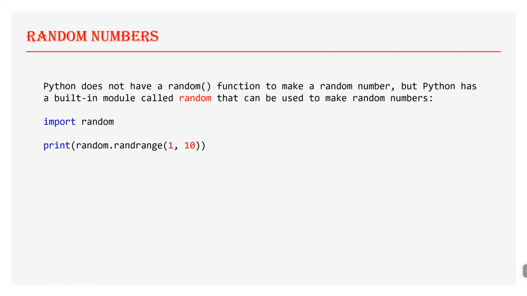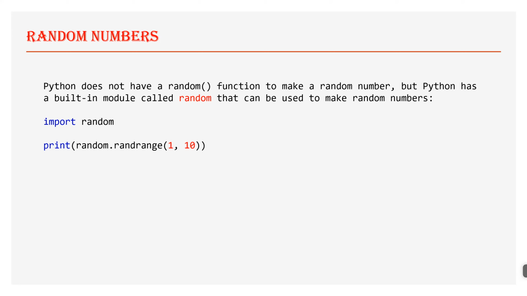Now, one more very important aspect of Python programming is random numbers. Normally, the statisticians, the people who are in the research field, find random numbers very important for some analysis.